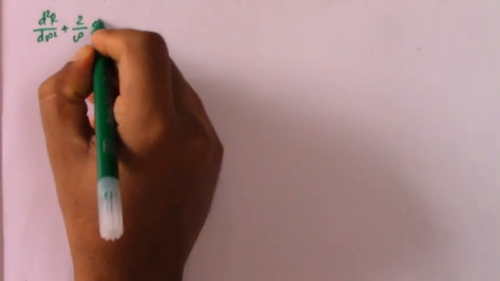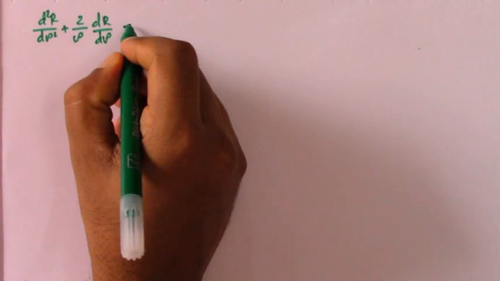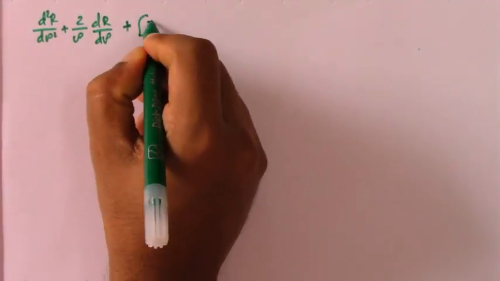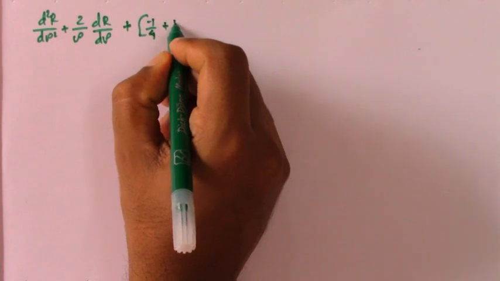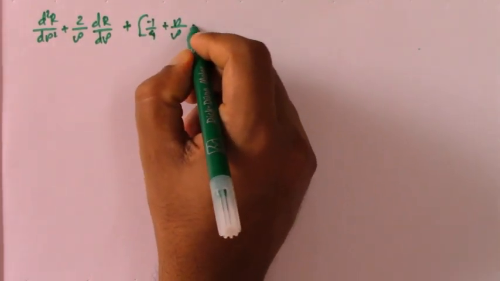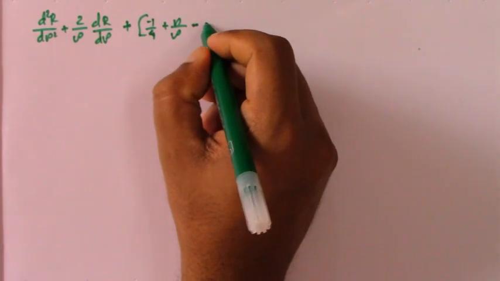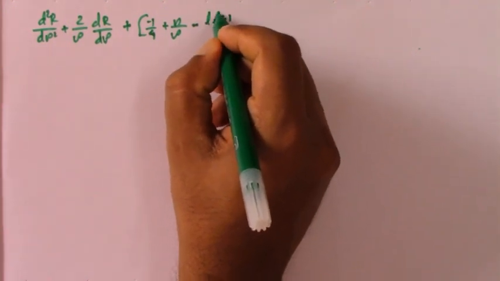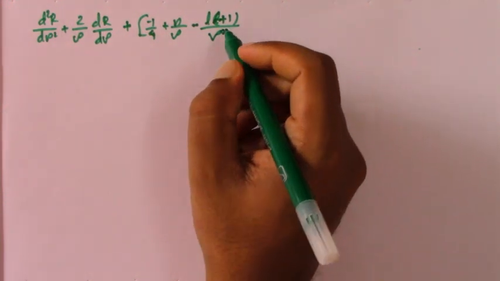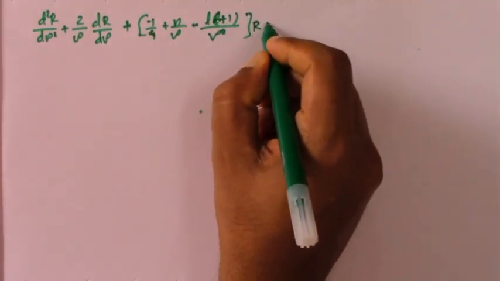So in the last class we went up to simplifying the R equation. We got an R equation in terms of rho, and our R equation was d²R/dρ² + (2/ρ) dR/dρ + [−1/4 + n/ρ − L(L+1)/ρ²] R = 0.